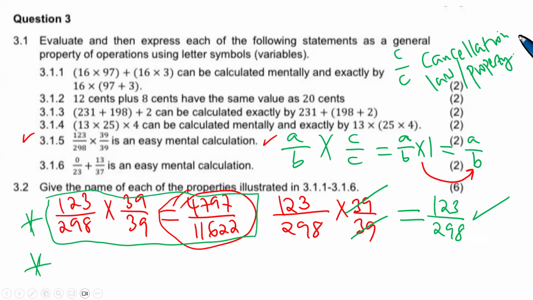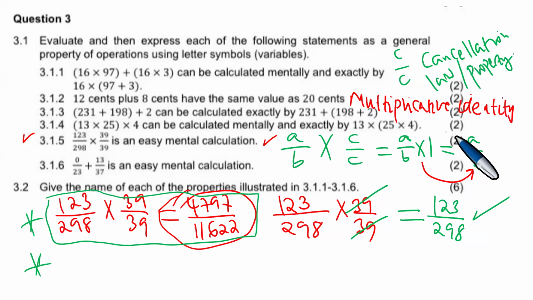It is called the multiplicative identity property.